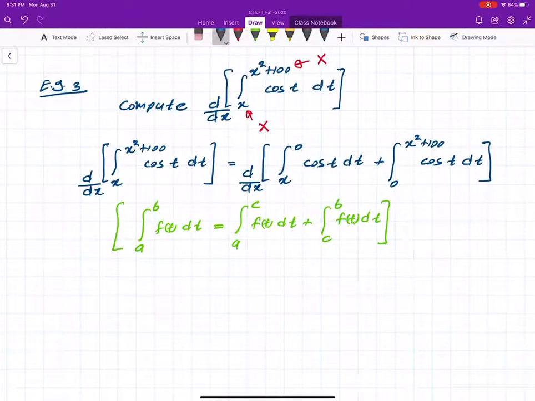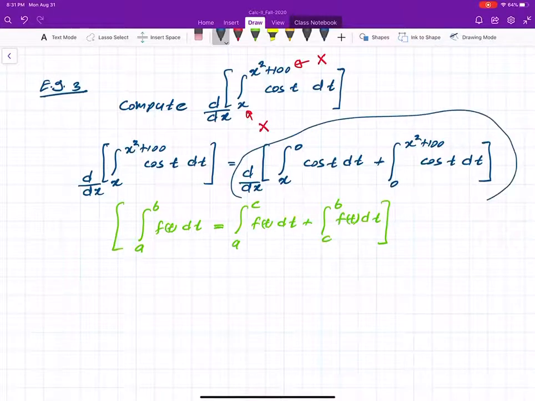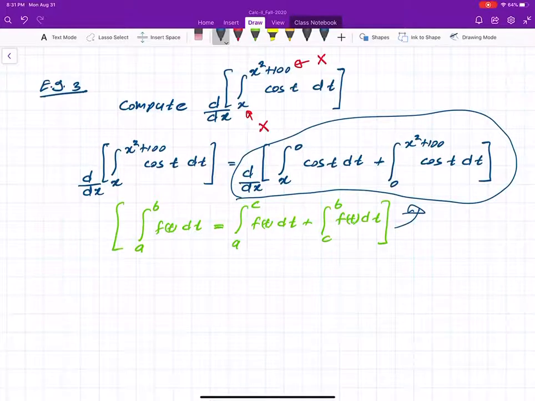What I'm saying is this split is supported by this green color block.